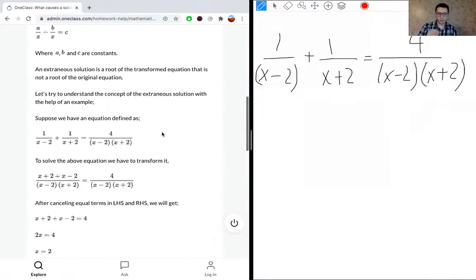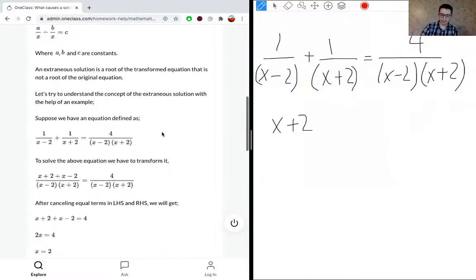To solve for x, we want to find a common denominator for all values. Here we would have x minus 2 times x plus 2. So we multiply the first component by x plus 2 on the top and bottom, and we end up with x plus 2 on top.